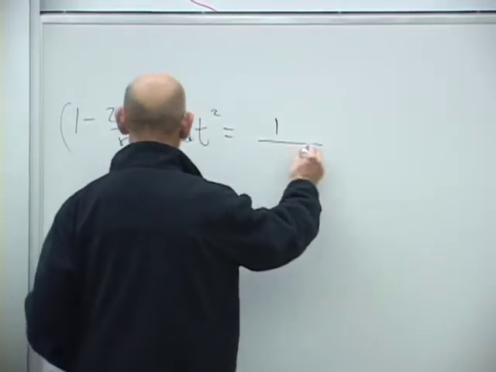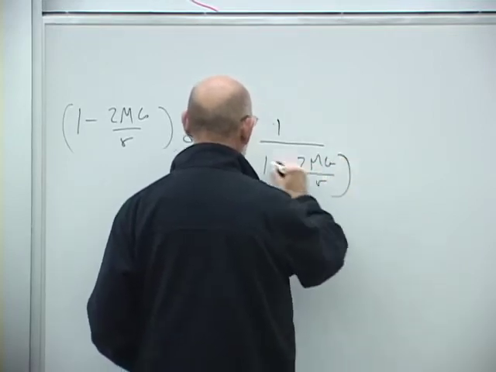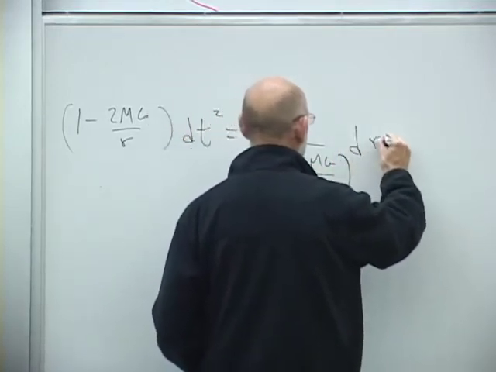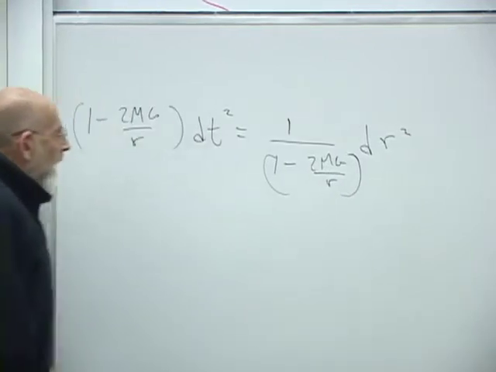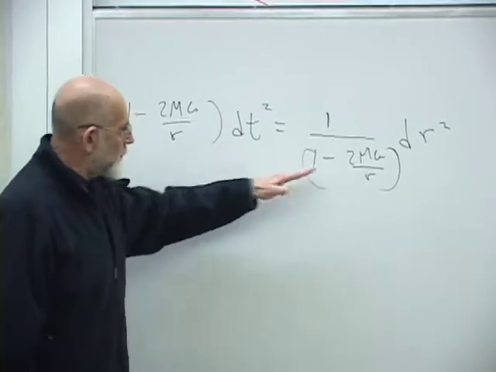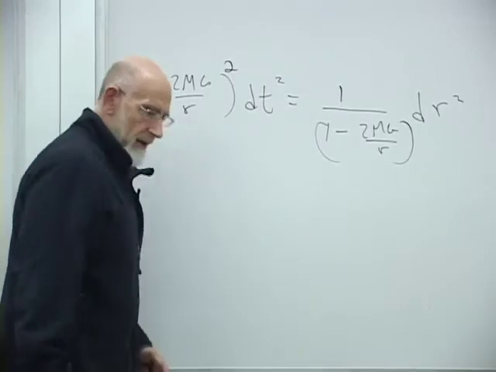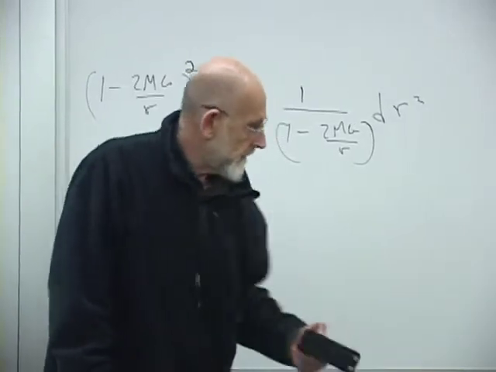Equals 1 divided by 1 minus 2mg over r, times dr squared. That's the motion of a light ray. We can multiply both sides of the equation by the thing in the denominator here, and that just squares this and removes this.